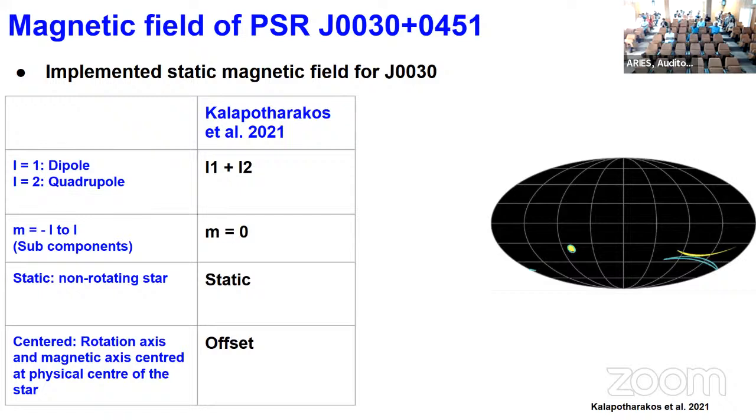There is physical reasoning behind it: maybe the pulsar received a kick during birth, during the supernova explosion, and that's why the magnetic moment is a bit away. It makes it a realistic scenario, and that's why many works consider an offset field. But what we wanted to do was start with a centered field, invoke as many subcomponents as you can, and I'll explain why in my next few slides.